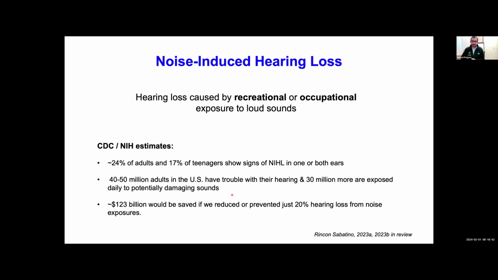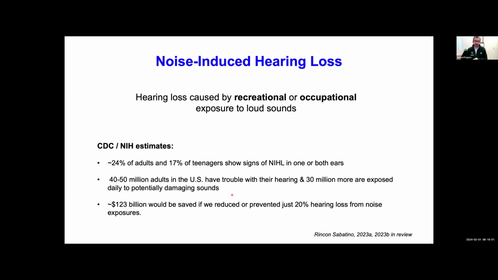And luckily for us, just around the time that we had shown safety and efficacy of hypothermia for cochlear implant surgeries, a lot of work had begun to come out looking at how recreational and occupational noise, hazardous noise, affects hearing.